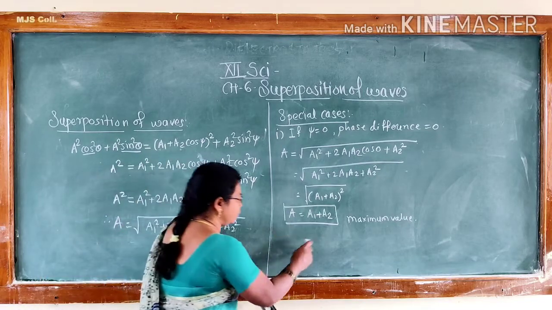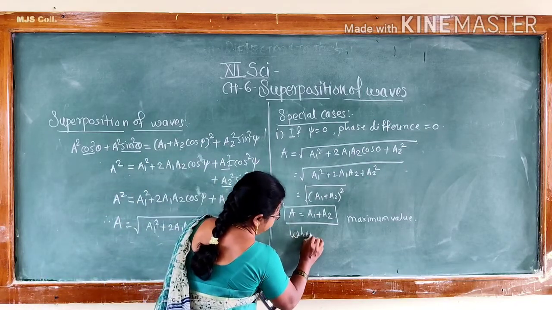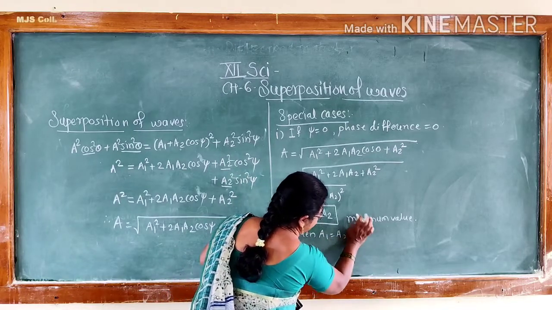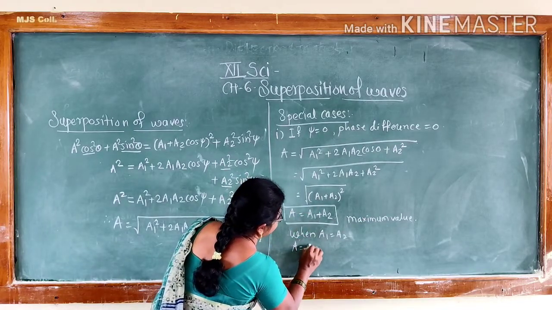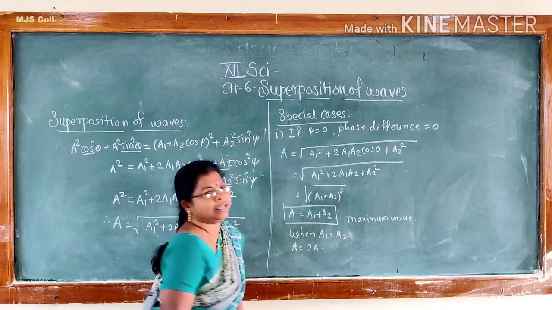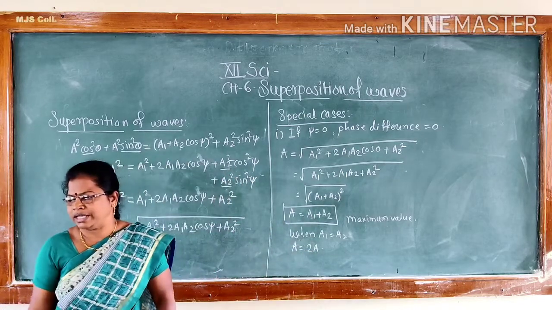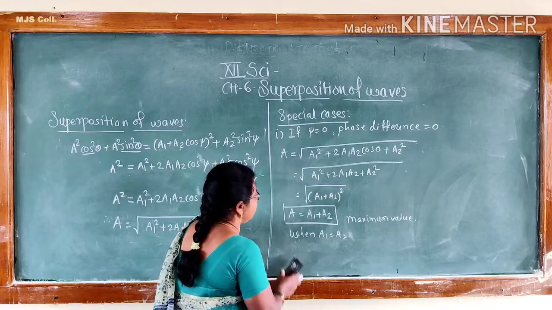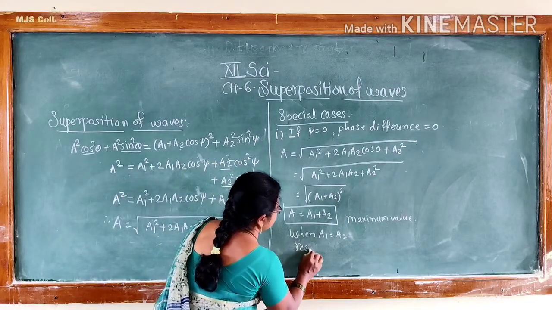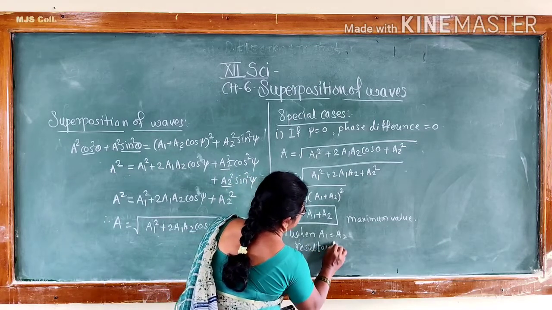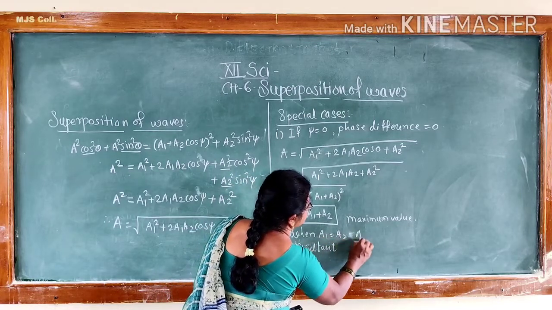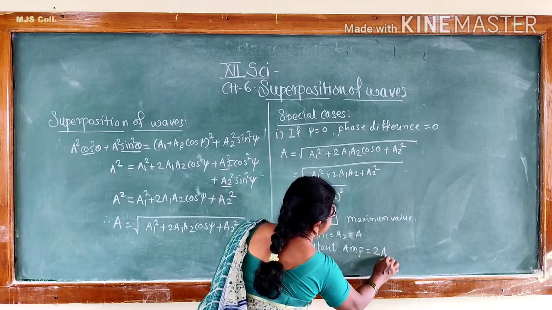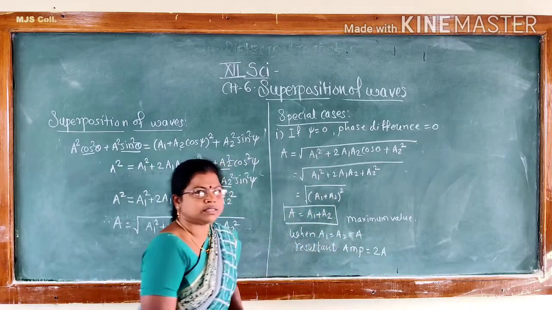When A1 is equal to A2, when these amplitudes are the same, A1 is equal to A2 is equal to A, then the resultant amplitude is equal to twice A. Okay, this is the first case.